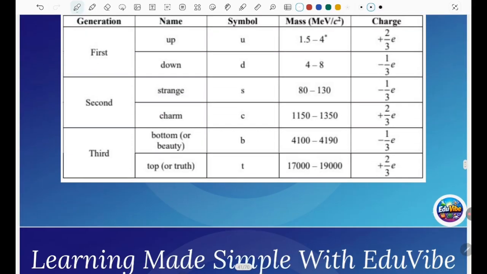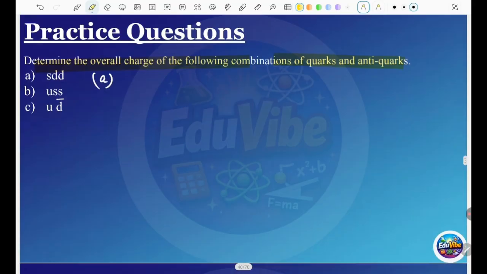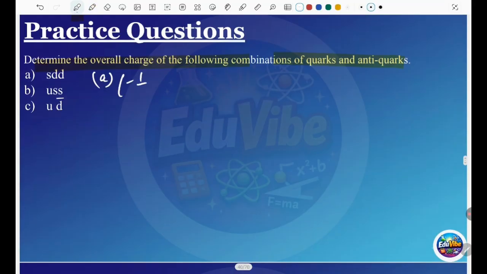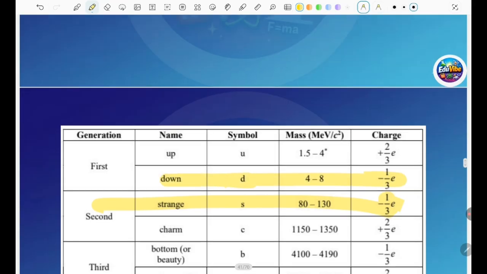S has a charge of minus 1/3 e, plus d and d, which is minus 1/3 e each, that you all know from your first table.